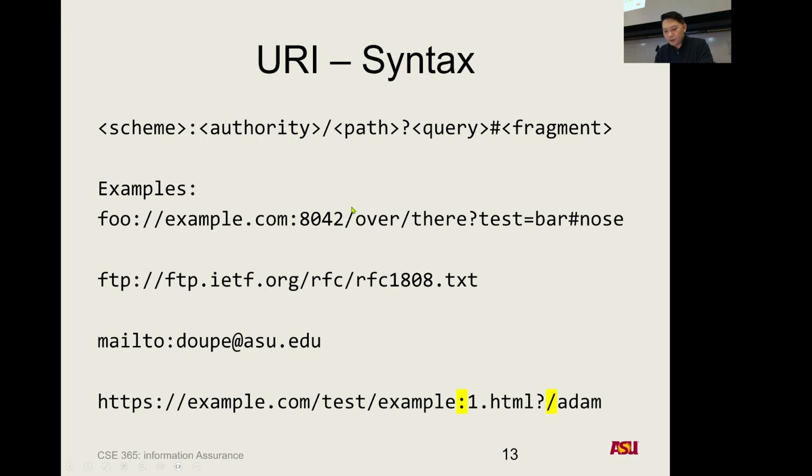And after that, the slash over there is the path of the resource, and the question mark and test equals bar, hashtag nodes. The hashtag is the fragmentation in the page, right? So in this case, they pass some data using the parameter and the value. In this way, they pass some data using the query.